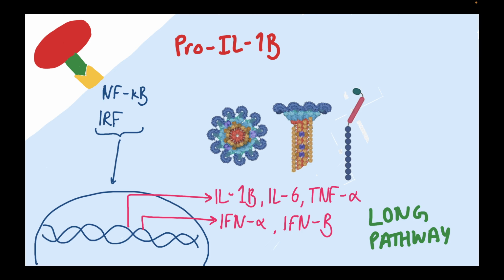This sensor is going to recognize the presence of a PAMP. It's a very complicated pathway that's still under research, but basically there's a sensor and it senses it. And when it senses it, it activates this dark blue part, which is called caspase 1.